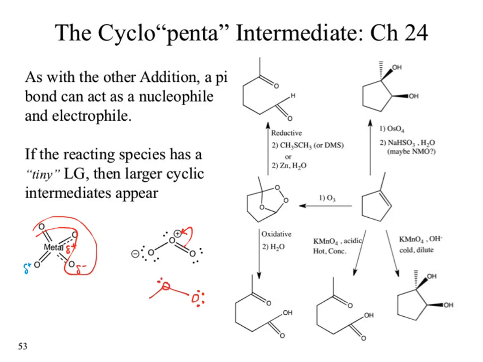Why does this one look so awful? I'm missing an octet on that last oxygen, which means it can act as an electrophile. There's the electrophilic positive that can react with my alkene.